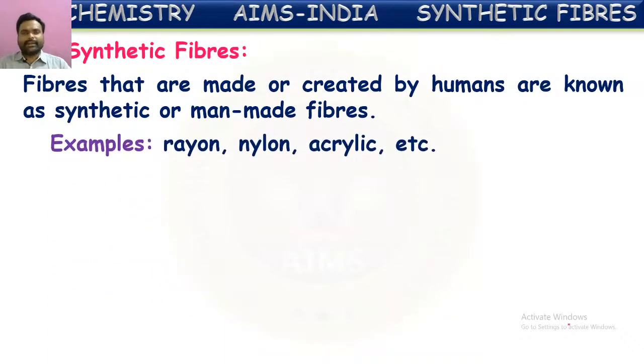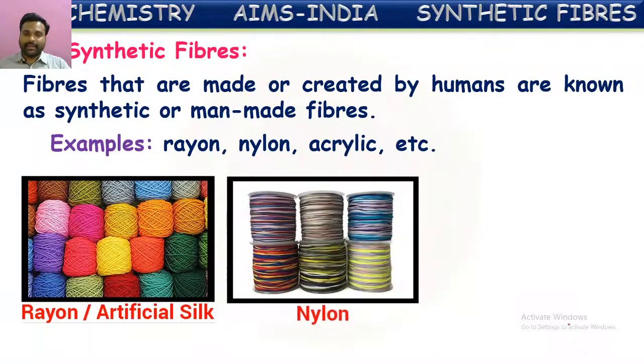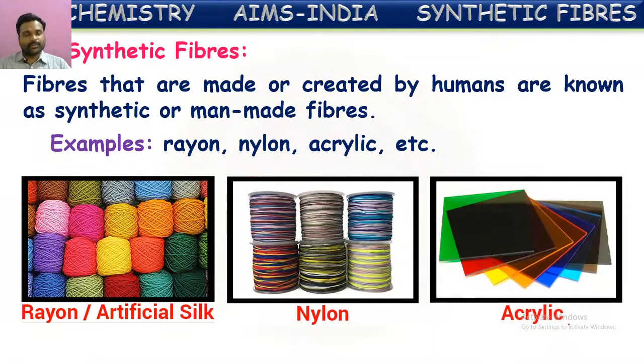For example, rayon, nylon, acrylic, polyester all come under synthetic or man-made fibers. These are all prepared in the laboratory by humans. See here, rayon, nylon, acrylic are examples of synthetic fibers.